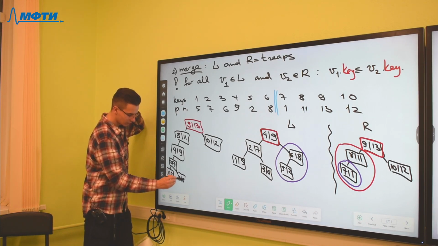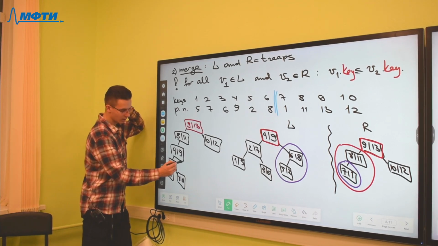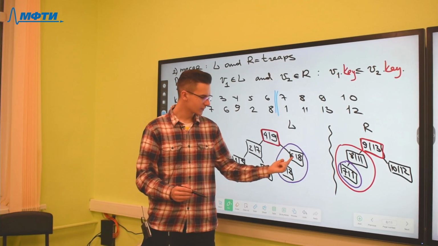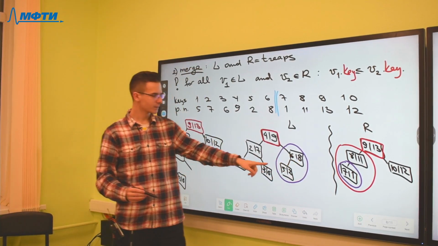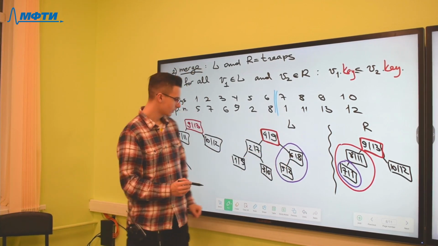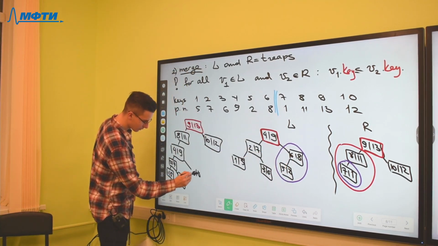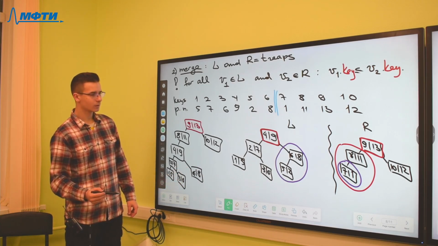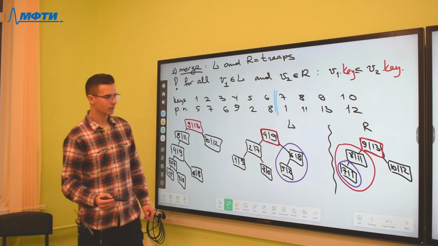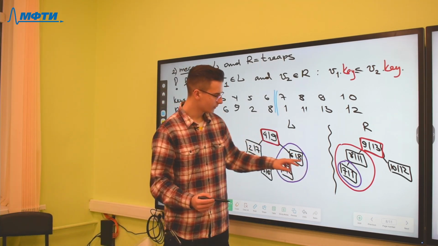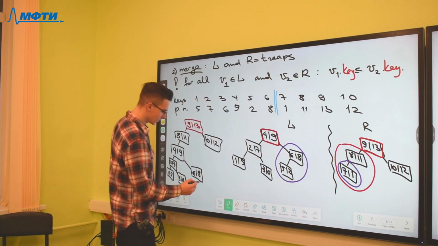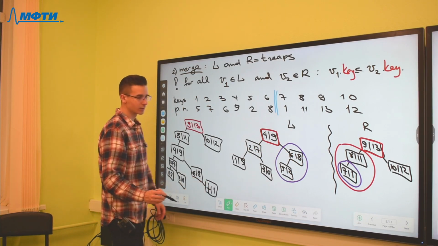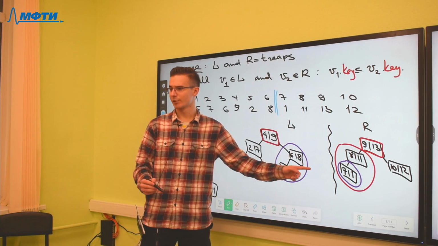Six. And if we compare these numbers, we see that 6, 8 is bigger with the bigger priority number. And as this number is bigger than 6, I write it here, due to emptiness of the right subtree.